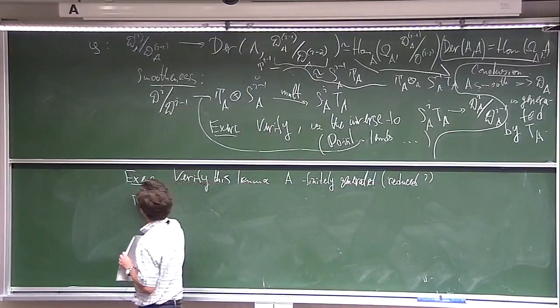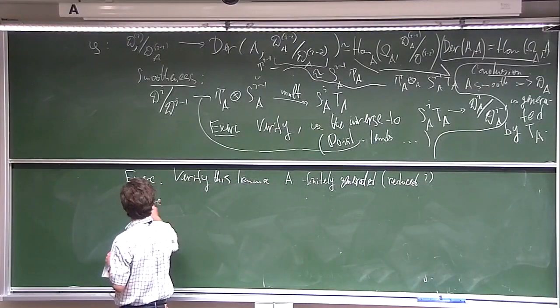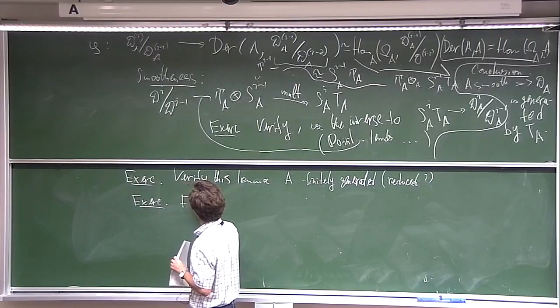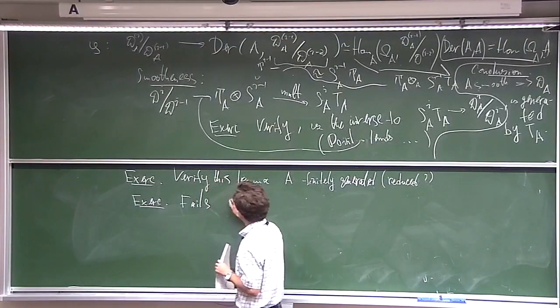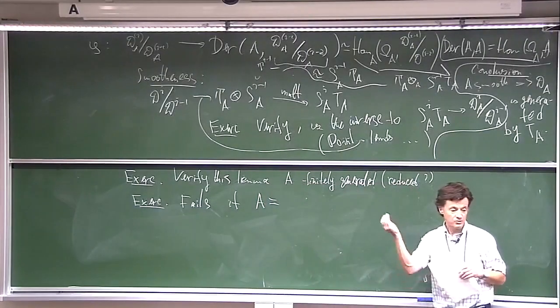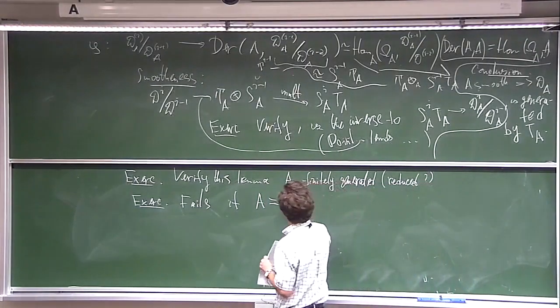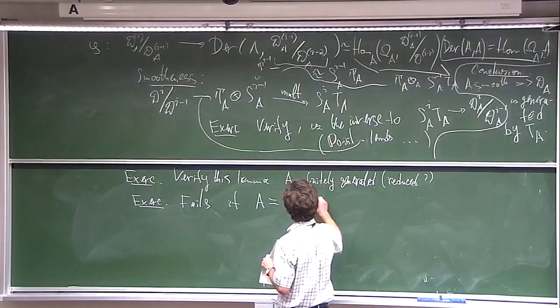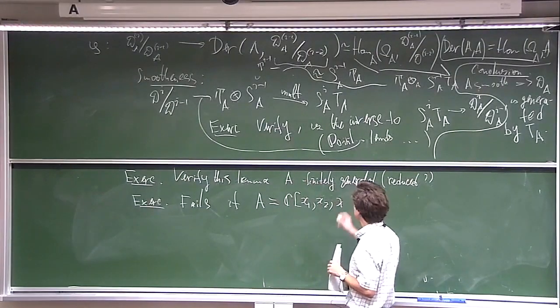Here is another exercise. Show that this lemma fails in the case when A is the simplest possible infinitely generated polynomial ring, like C infinity.